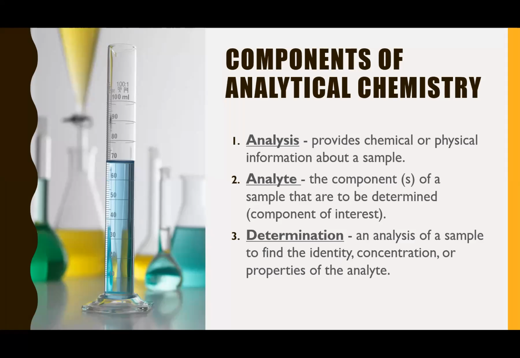So your analyte is calcium oxide. Your sample is soil sample from archaeological site. Okay, so I hope you understand the term analyte here. Analyte is the component of interest which exists in your sample.